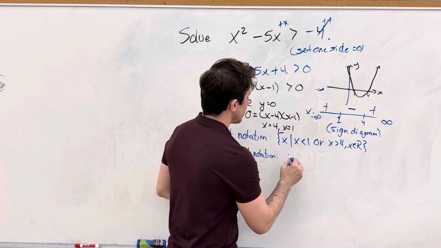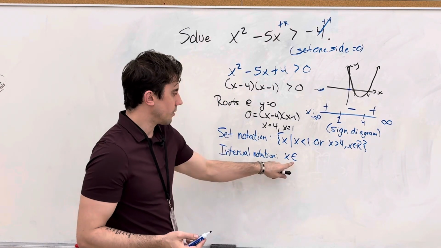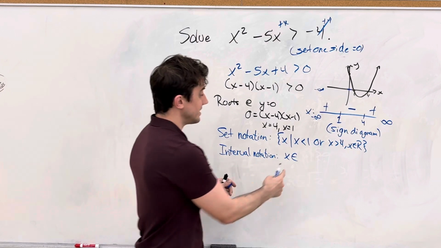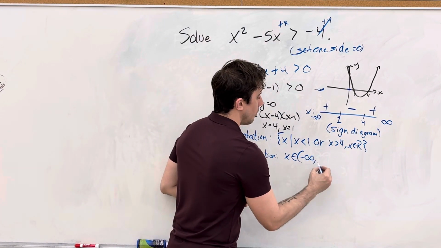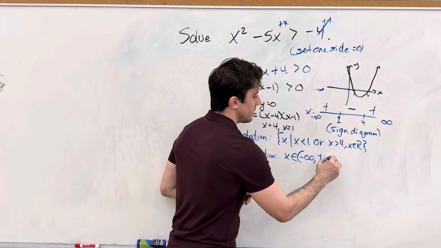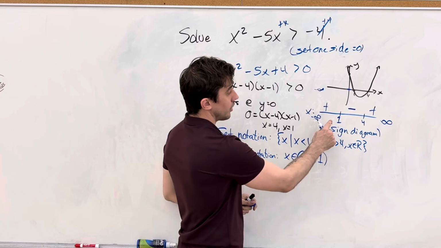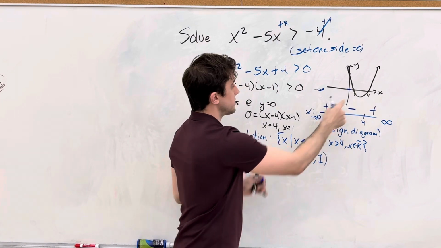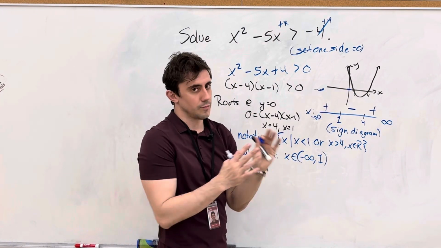So in interval notation, we say x is in the interval from negative infinity all the way to positive 1, round bracket because we're not including that endpoint. Again, we're not including the positive 1. Our function is not above 0 at positive 1. It is 0, which is not positive.